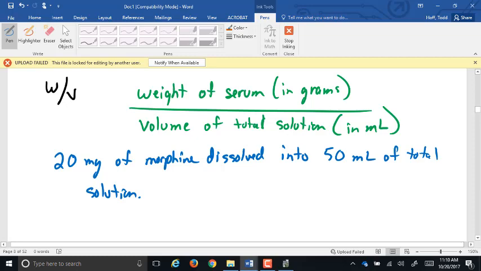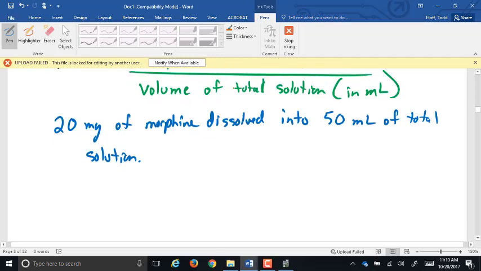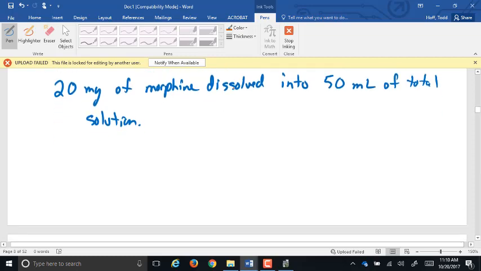Now we have to be very careful here. The weight, the mass, is always measured in grams. This is now milligrams. So we have to convert 20 milligrams into grams.